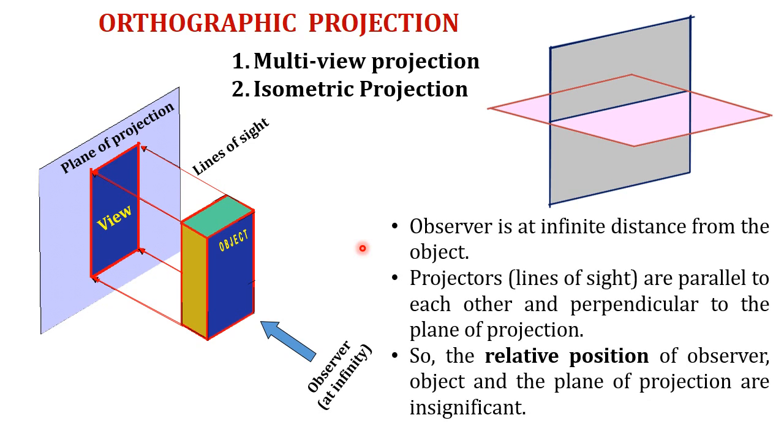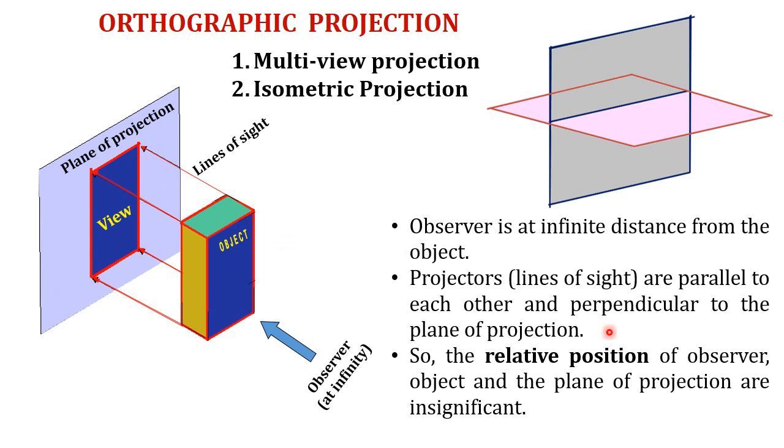So these are the points to be noted here. The observer is at infinite distance from the object in case of orthographic projection. The projectors or the lines of sight are parallel to each other and perpendicular to the plane of projection.